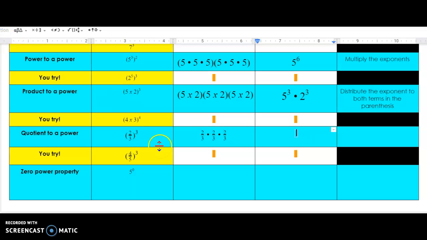So over here, you notice our rule for multiplying with fractions is you multiply straight across. So 2 times 2 times 2 is 2 to the third. Gotta make it a fraction. 2 over 3 times 3 times 3 is 3 to the third.